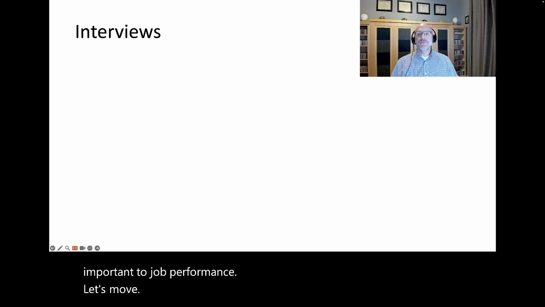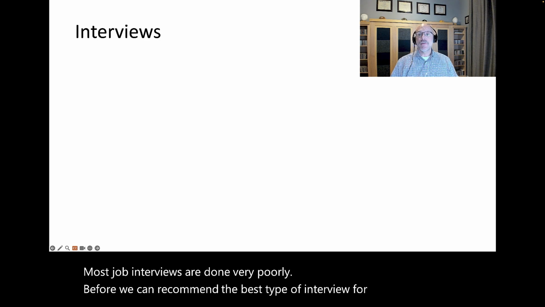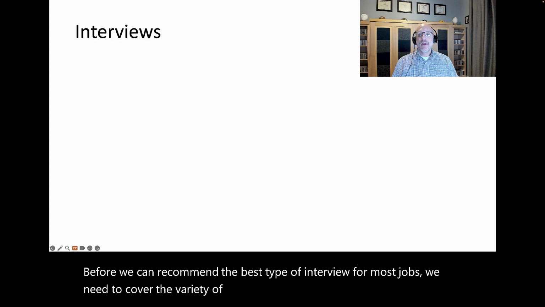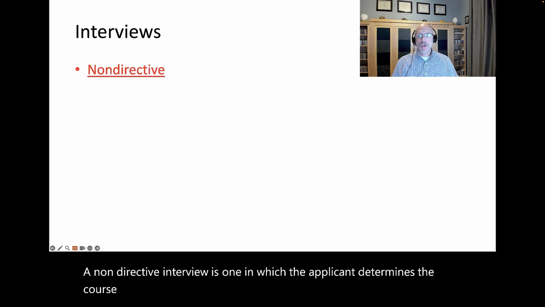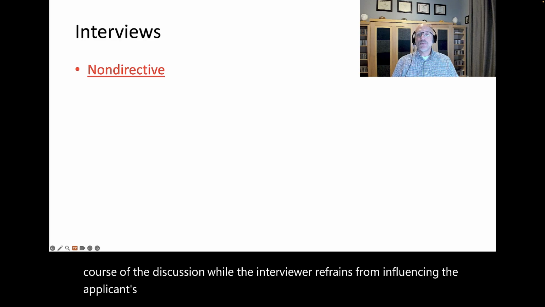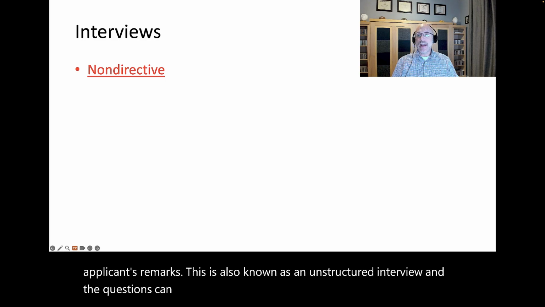Most job interviews are done very poorly. Before we can recommend the best type of interview for most jobs, we need to cover the variety of types. A non-directive interview is one in which the applicant determines the course of the discussion, while the interviewer refrains from influencing the applicant's remarks. This is also known as an unstructured interview, and the questions can differ between all of the applicants.